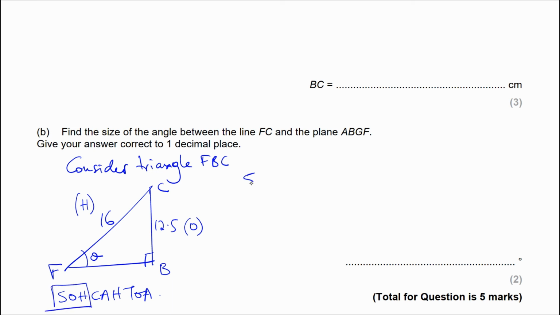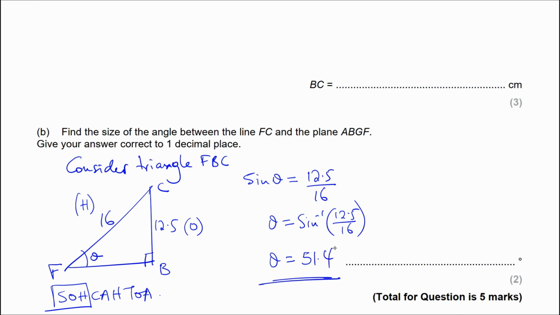So we can say sine theta will be equal to 12.5 over 16. So theta will be arc sine 12.5 over 16, which implies that theta, if you plug that in your calculator, will be 51.4 degrees.